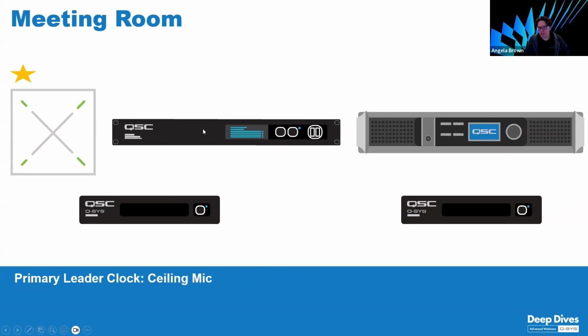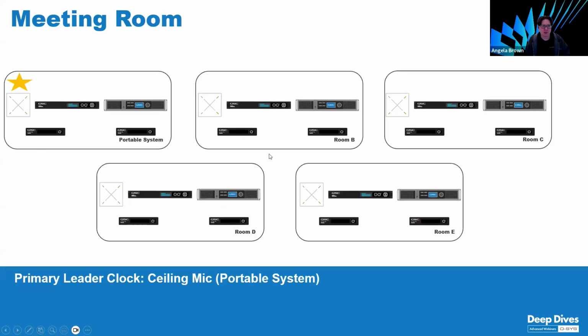Why do we have a boundary clock in the Q-SYS core? Well, you're going to have a software Dante in your Q-SYS core to receive the audio from the ceiling mic. So just logically, as soon as you've got a boundary clock and the clock leader over here, you are going to have some issues.